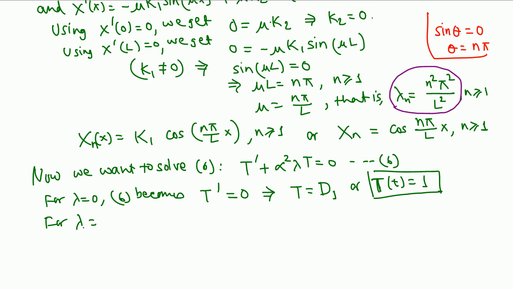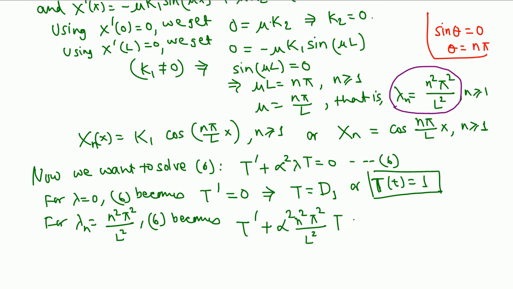Lambda, in fact lambda n equals, because there are more than one, n square pi square over L square, equation 6 becomes here t prime plus alpha square, lambda is here now, n square pi square over L square, t equals 0.